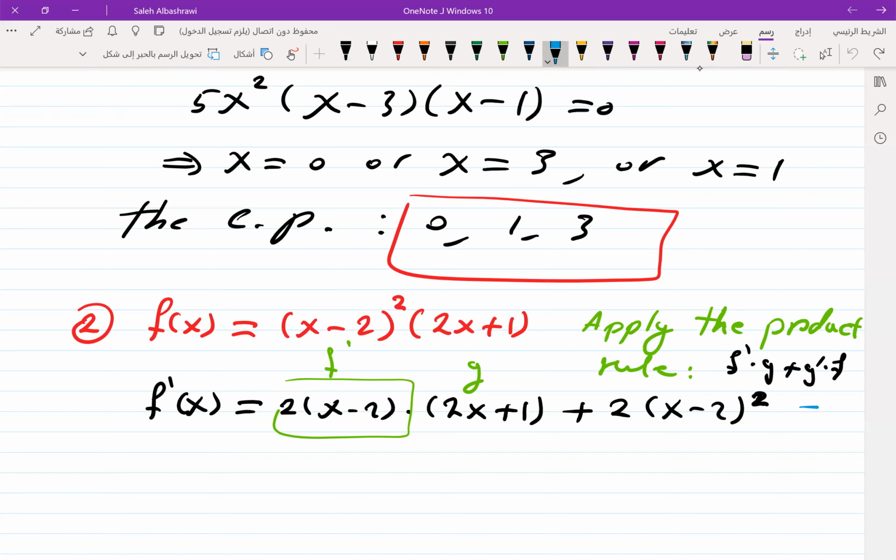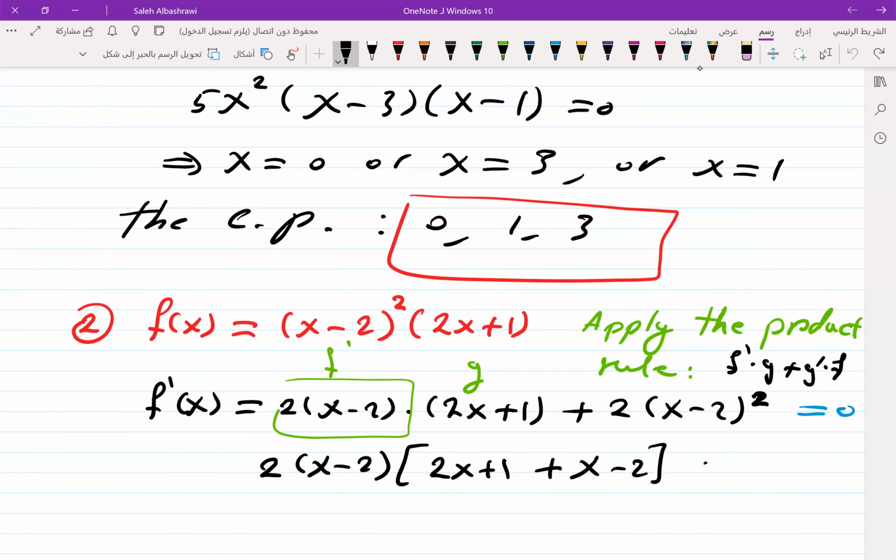On the critical point, we make this equal to 0 and solve for x. I will take 2 multiplied by x minus 2 as a common factor. I will have the first part, it is 2x plus 1, plus the second term will give me x minus 2 equal to 0.